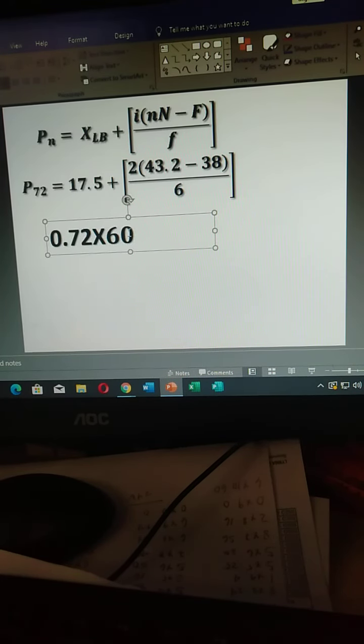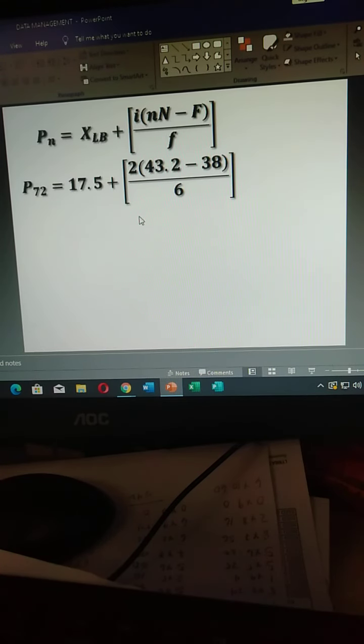So, gawin nyo na yung isolve natin. Okay, so, let's solve. First, let's subtract 43.2 minus 38. And then, after that, i-multiply nyo ng 2. And then, i-divide nyo ng 6. Mag-equal kayo, ha? Lagay kayo ng equal always kapag you are dealing with 2, hindi yung dire-diretso. Okay, so, ganito, 43.2 minus 38 is equal to, ayan yung sagot, i-multiply nyo ng 2.